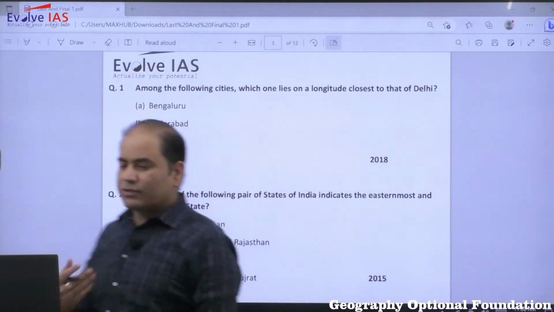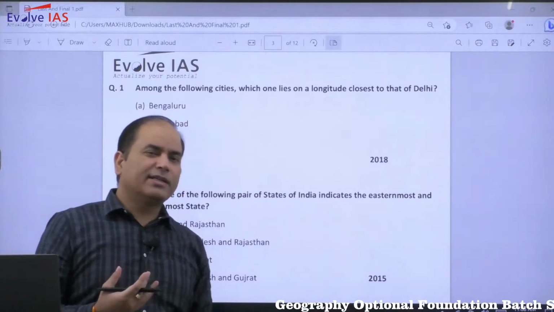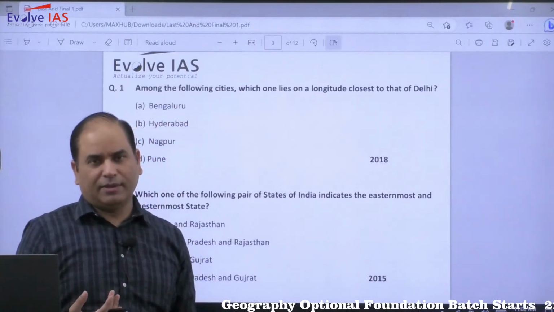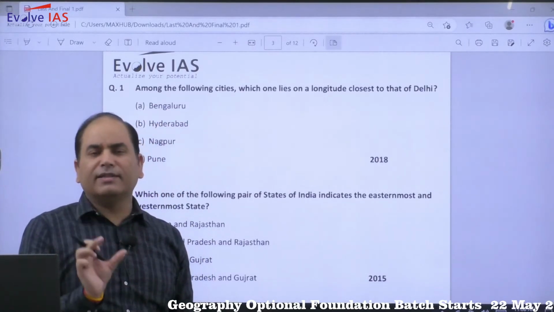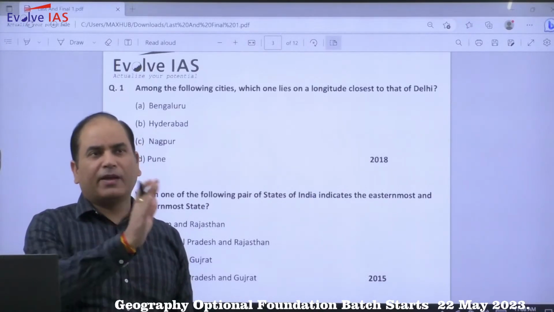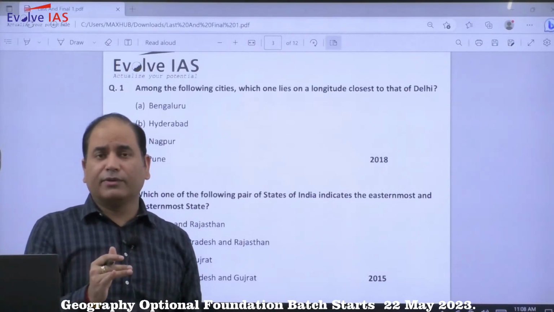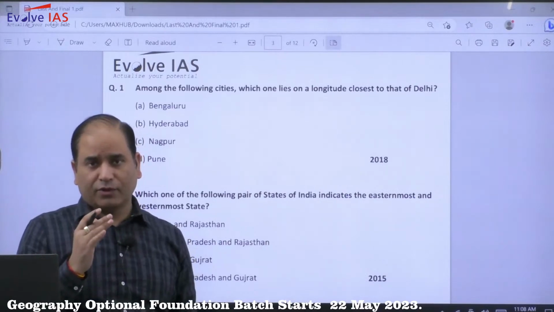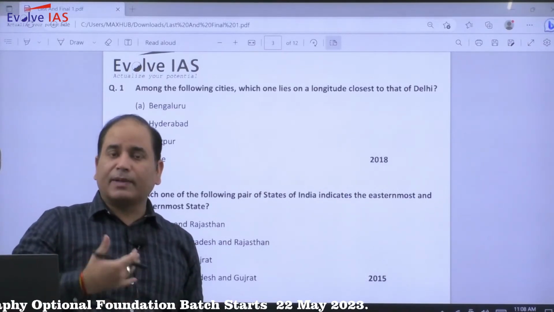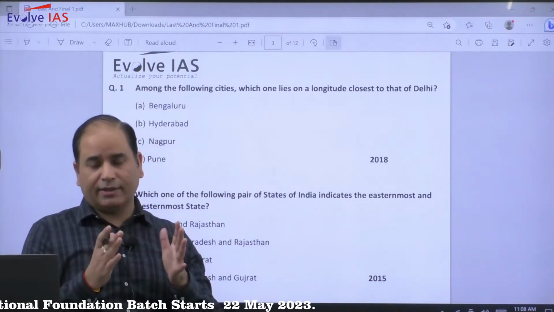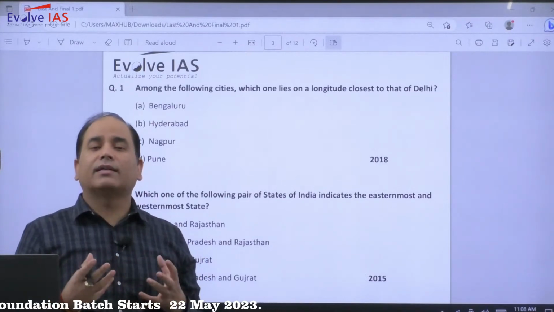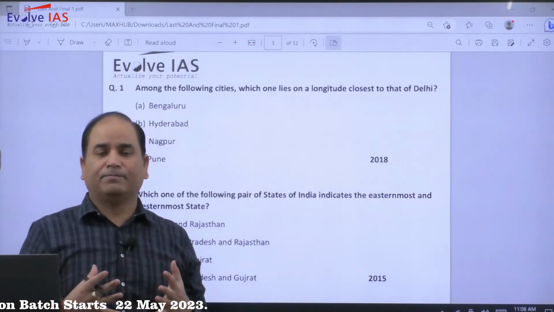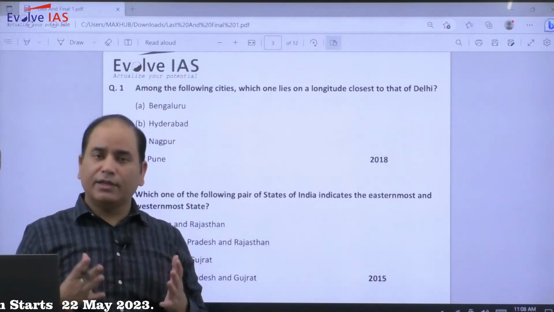Now, the moment this question is asked, it will appear that you wonder why this question has been asked. But very clearly, if you read the NCERT on India, you will find that India's latitude, longitude, everything is written. So the examiner is expecting that you should have a good idea, because the moment you start reading about India, what is India as a geographical unit?